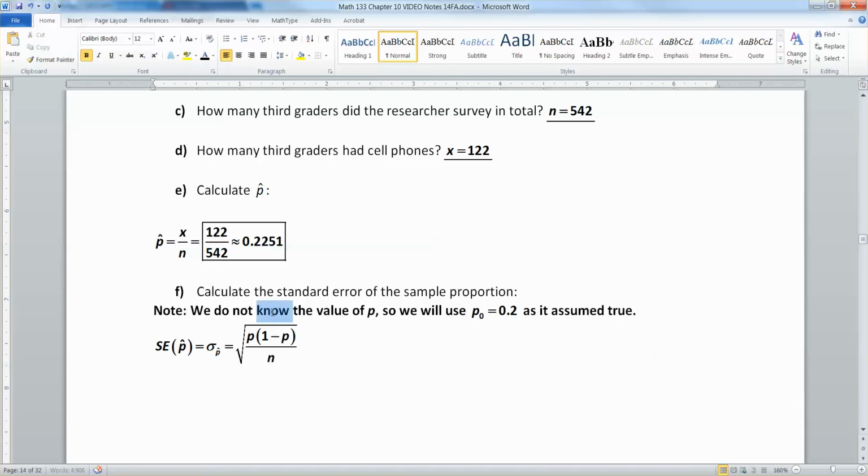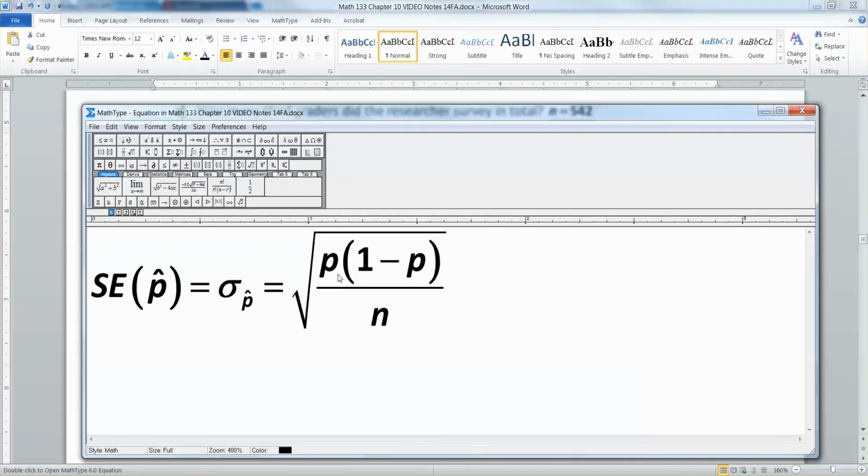Instead of using p here, I'm going to use p0, so 1 minus p0.